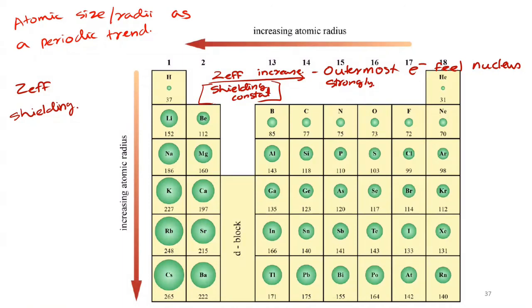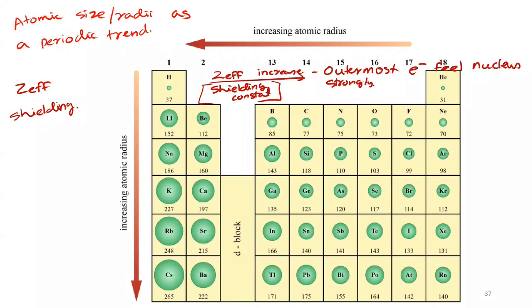As a result, ZEF increases, and the outermost electron feels a stronger nuclear attraction. So it's very tightly held, like it's sucked inside. That's why you can see a shrinking of atomic size going from left to right.